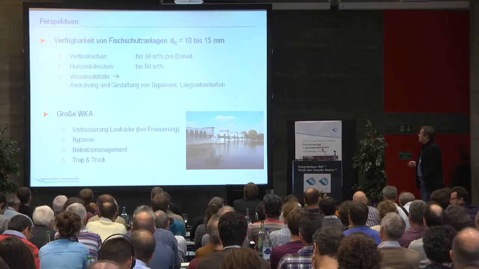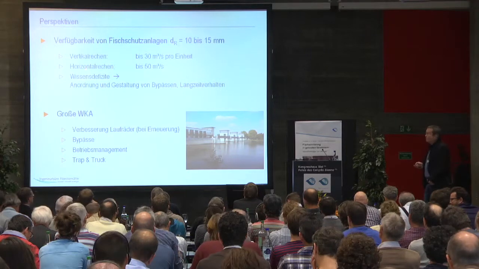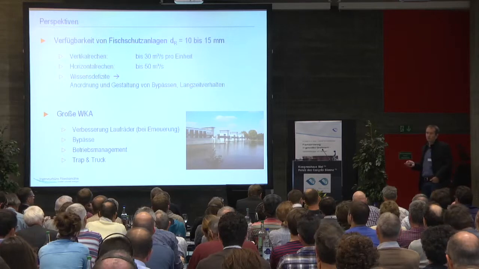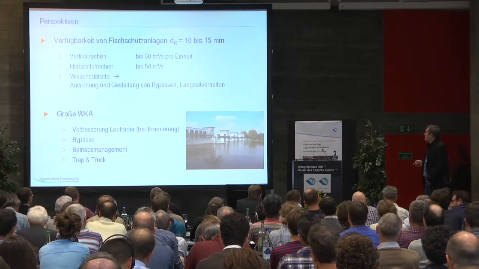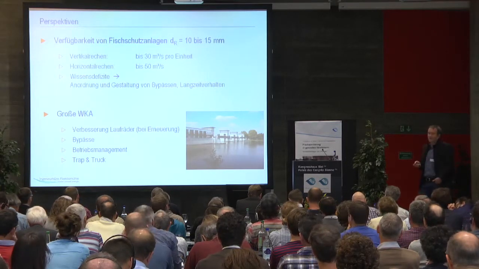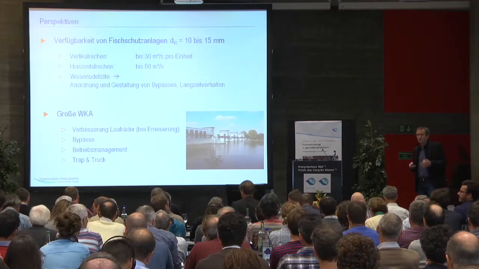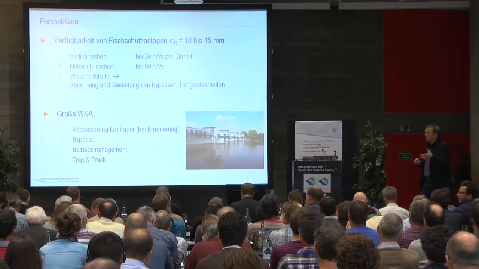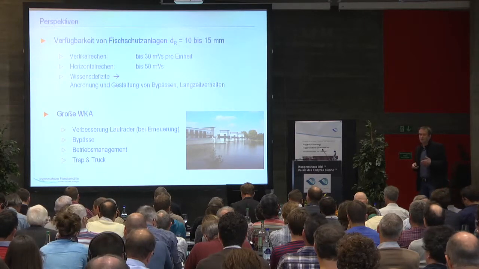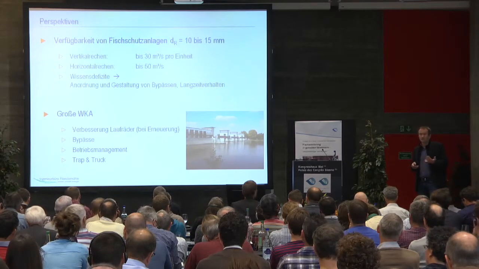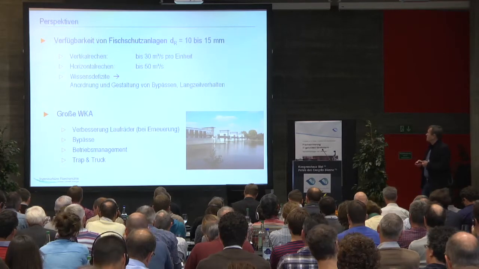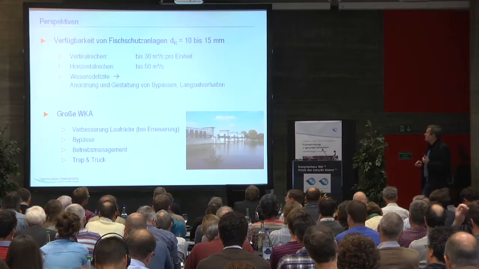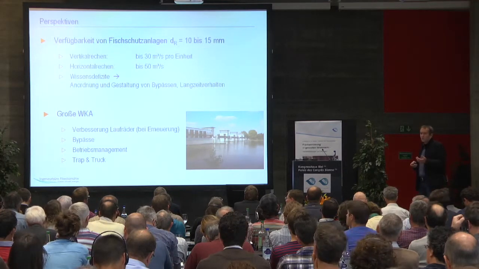For the horizontal screen, maybe a little higher even. But we see that we still have knowledge gaps regarding the design of bypass and the long-term behavior of the screens, also with the units combining cleaning mechanism and screen. There we need to do further investigations.